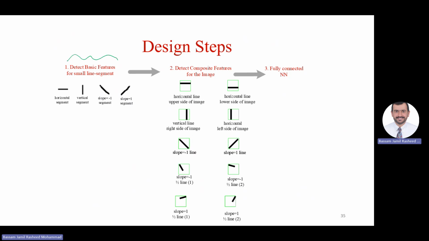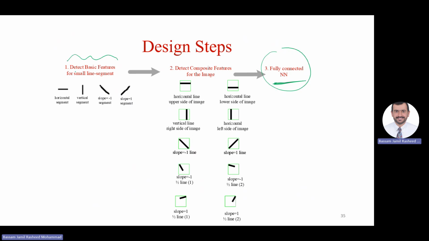I detect them, and once I extract them, I'm going to send the results to a fully connected neural network, which will recognize what these features represent. So I will extract these features and feed their values to the fully connected neural network.